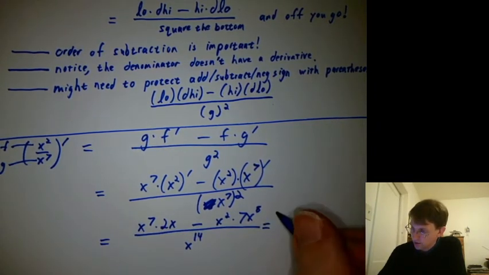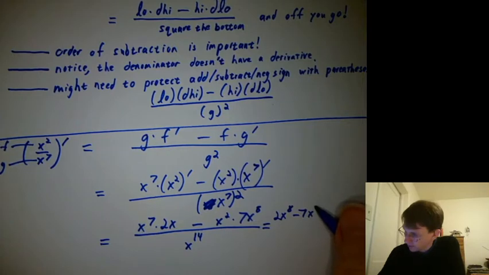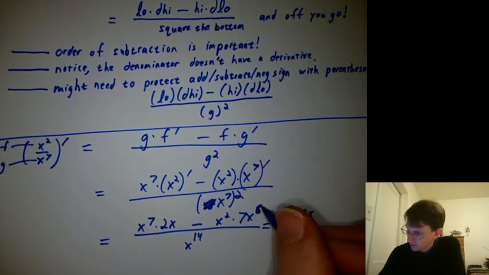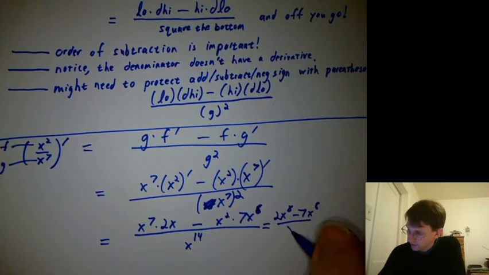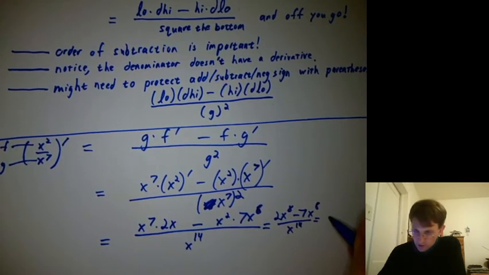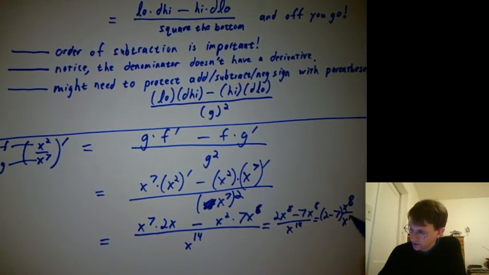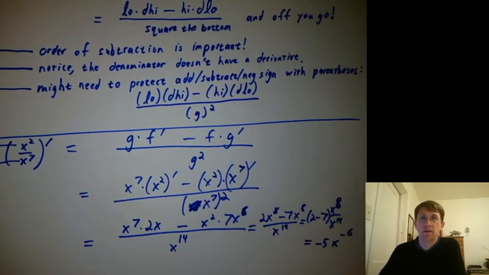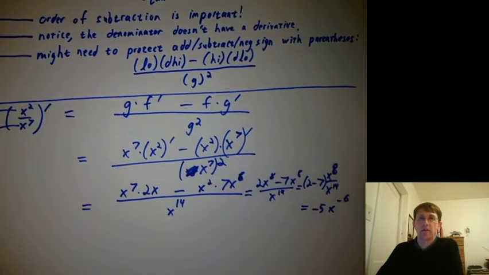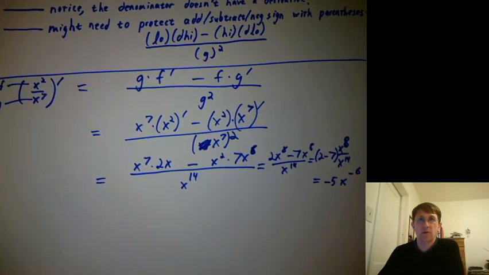So this ends up being 2x to the 8th, and this ends up being 7x to the 8th, since 2 and 6 gives me 8, over x to the 14th. So I end up getting 2 minus 7 times x to the 8th over x to the 14th, which is negative 5x to the negative 6. There we go.